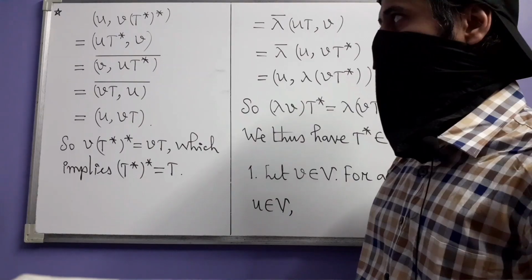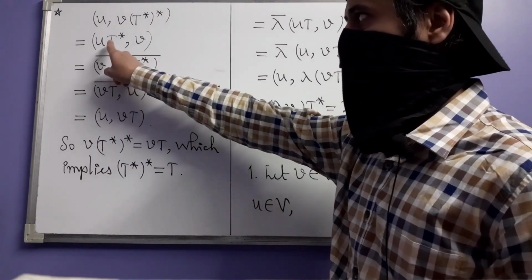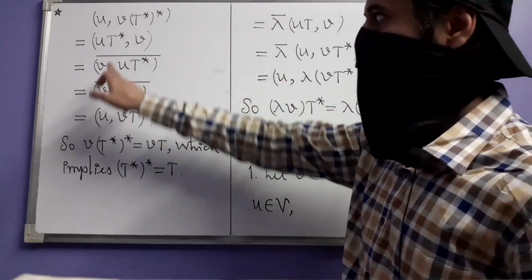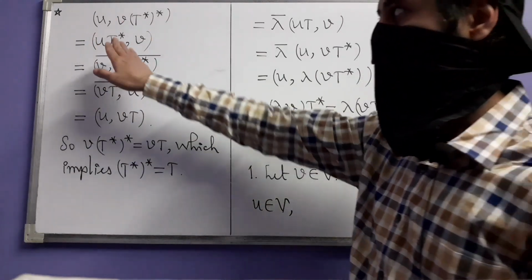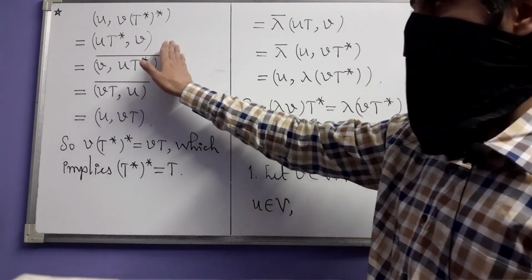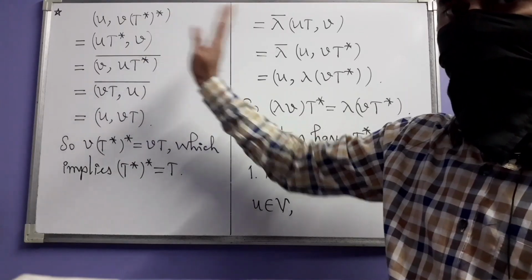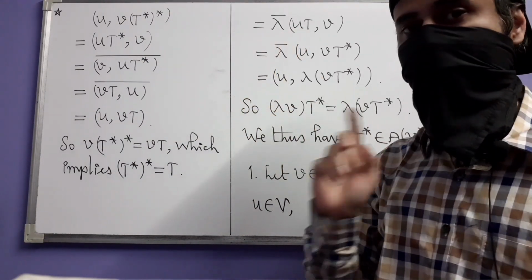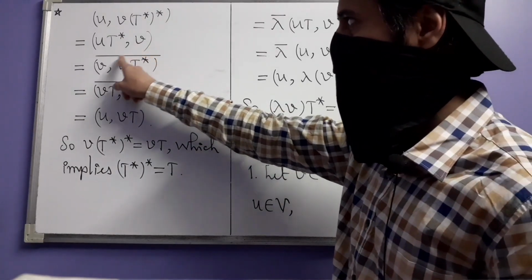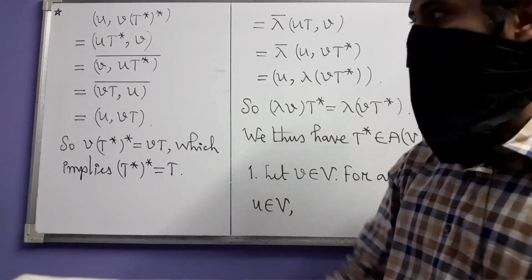But from here you cannot really do anything. I mean, if you have the T star here in the first component, then you cannot just suddenly transfer the T to that side without star, because that's not allowed. You can, however, do one thing. You can switch the positions of these two components like this.